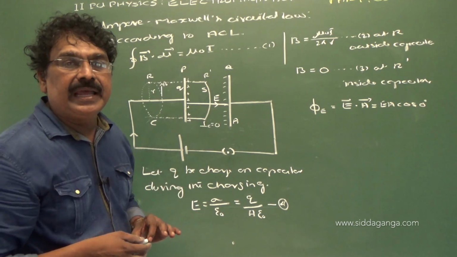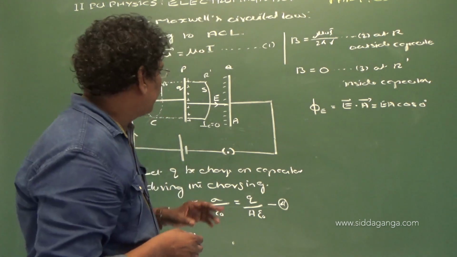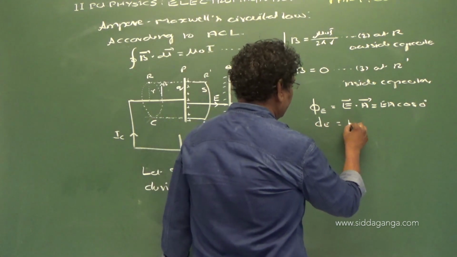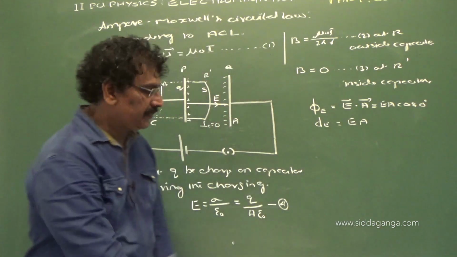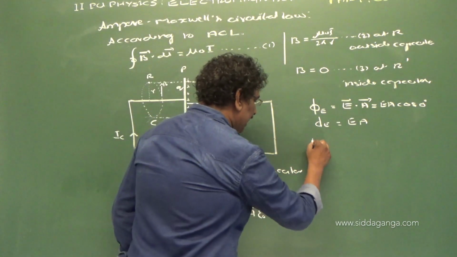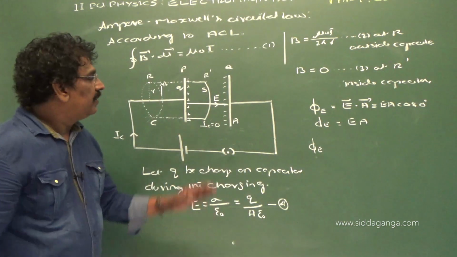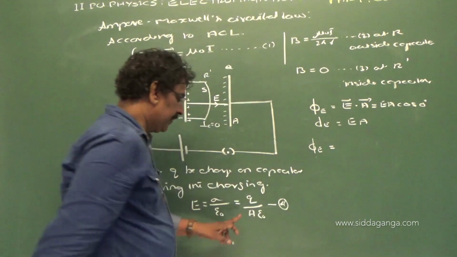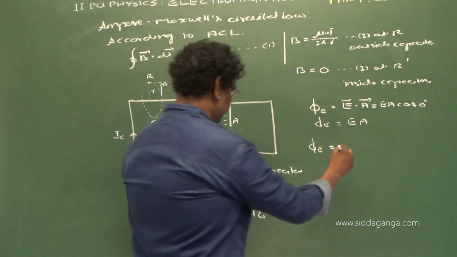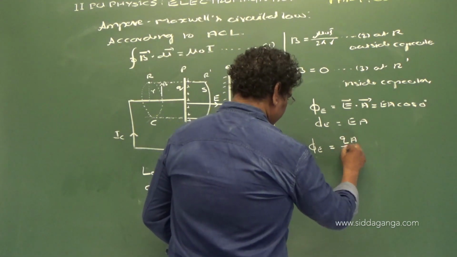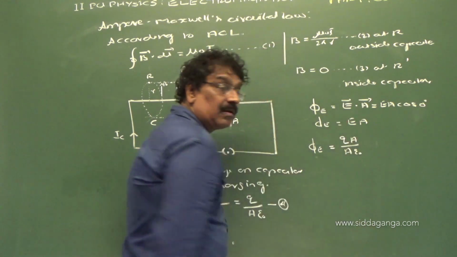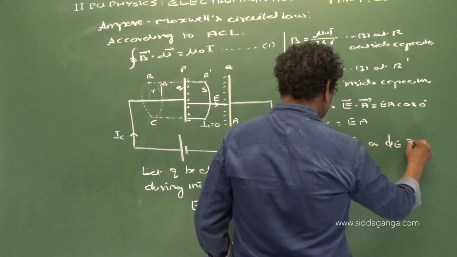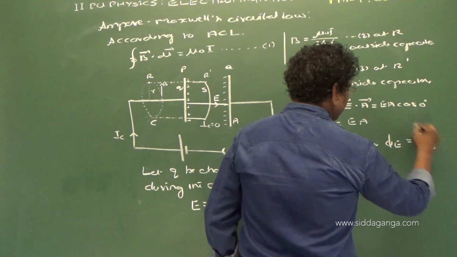Therefore, the angle between area vector and electric field is 0, and cos 0 is equal to 1, so phi E is equal to EA. Therefore, that electric flux passing through the surface S, with electric field E equal to Q by A epsilon naught, is phi E equal to Q by epsilon naught.